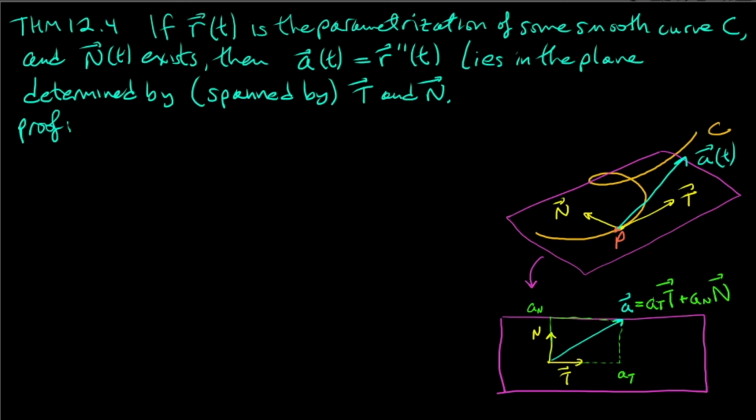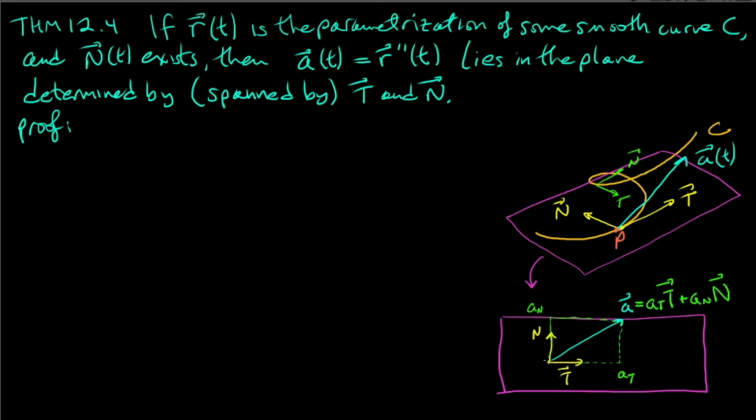It's just like a1 times i plus a2 times j. So here T and N are the basis vectors. They're like i and j, even though they do change going along the curve. T and N will change direction, not magnitudes, but directions. But at a given point, you have your T and N, they span the plane, and a is in the same plane.